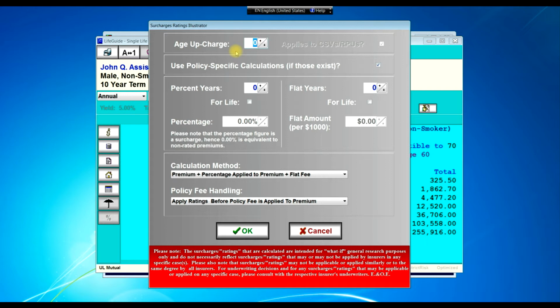So, for example, if we want to increase the age by 4 years, so it's an age up rating of 4 years on a 35-year-old, that would increase the insurance age to age 39 by 4 years. So we'll go up 4 years here, and let's take a look.